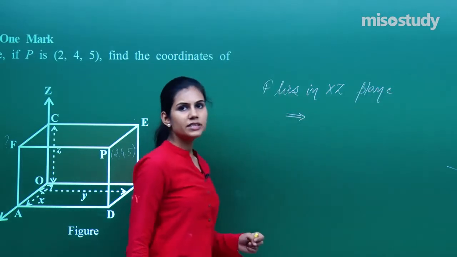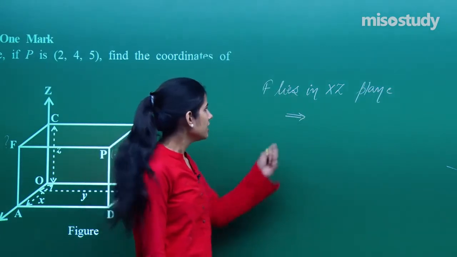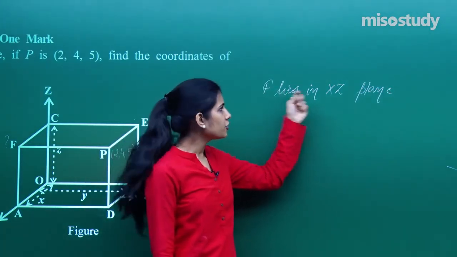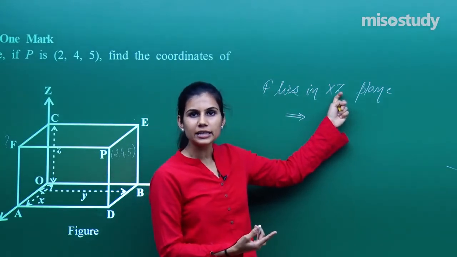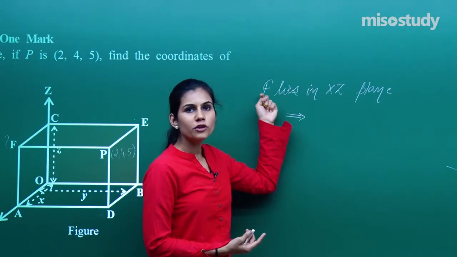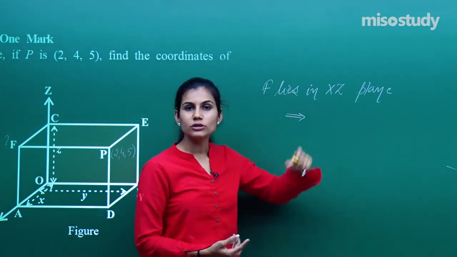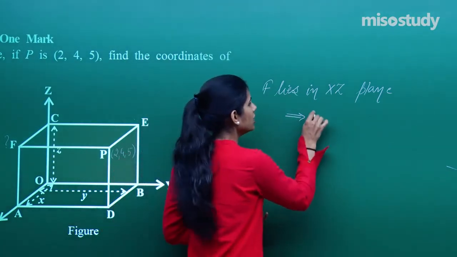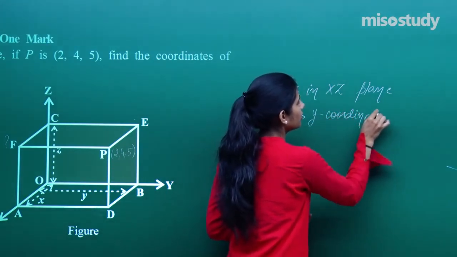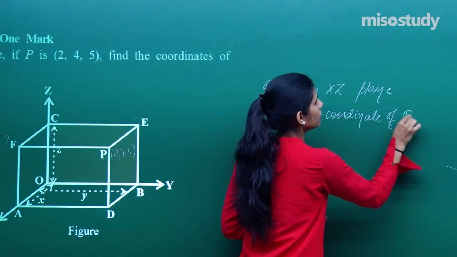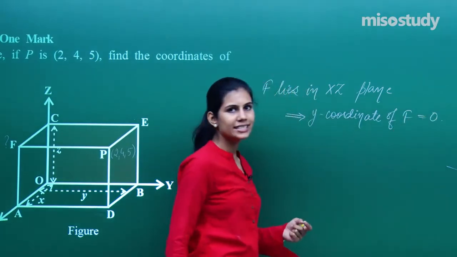If a point itself is lying in the xz plane, what happens? From this point, when you draw a perpendicular to this plane, it is of length 0 because the point itself is lying in that plane, and the length of the perpendicular drawn from F onto the xz plane is 0, that means its y coordinate will be 0. So, y coordinate of F is 0. What about x and z coordinate?